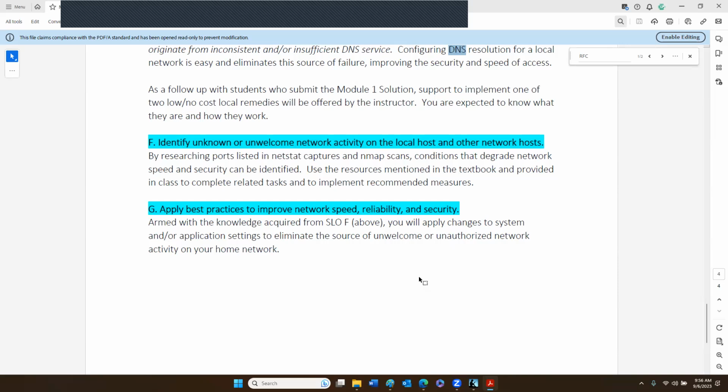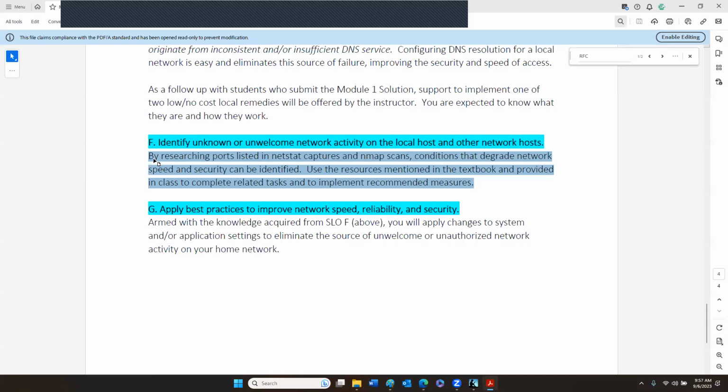Once again, about half the class has not completed the solution, and in order for us to finish this learning objective by Friday, we have to have everybody submit their solution, right?